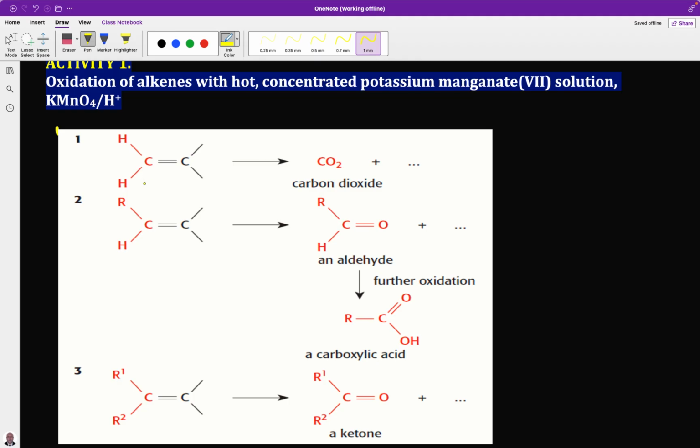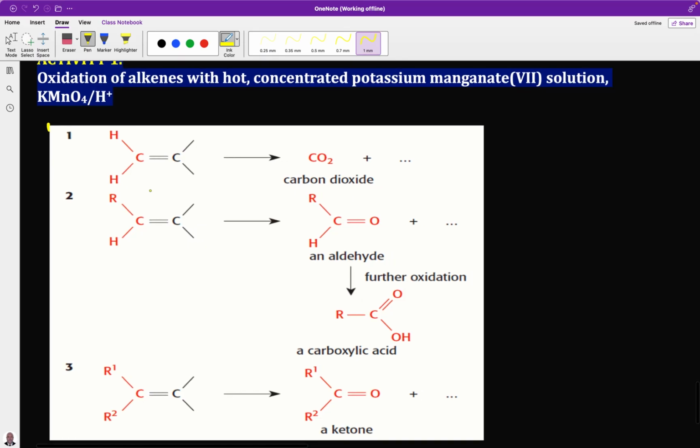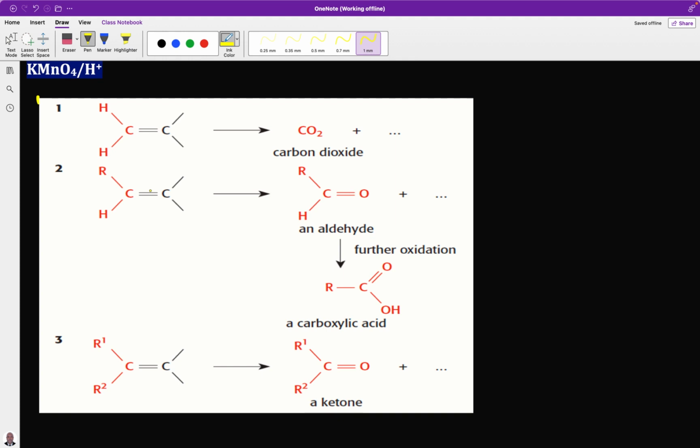These are the conditions. The first condition is where there are two hydrogens on one side of the molecule. One side of the bond contains two hydrogen atoms. What will be the product? From what we have just discussed, there will be a splitting here.